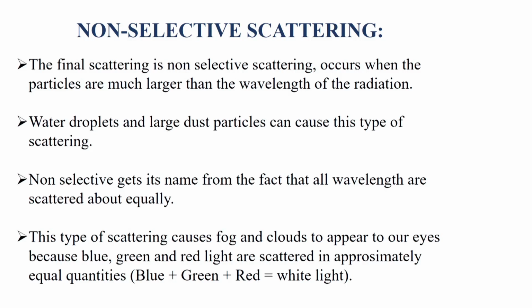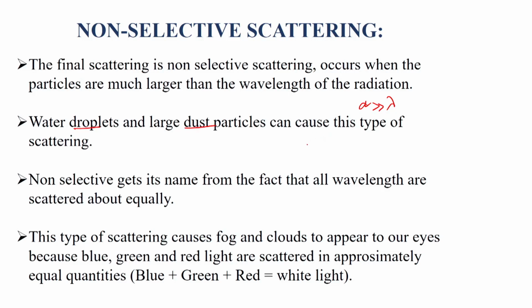The final scattering is non-selective scattering, which occurs due to particles that are much larger than the wavelength of radiation. Here the diameter of the particles is much larger than lambda, for example water droplets and large dust particles.